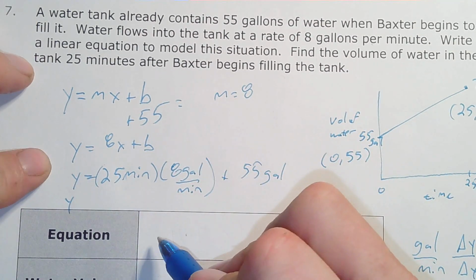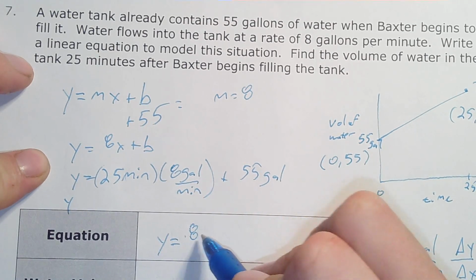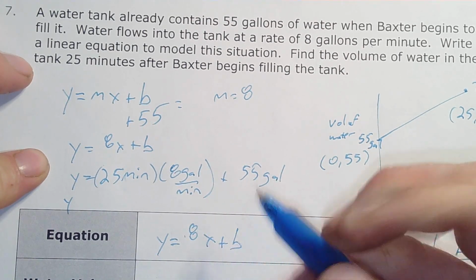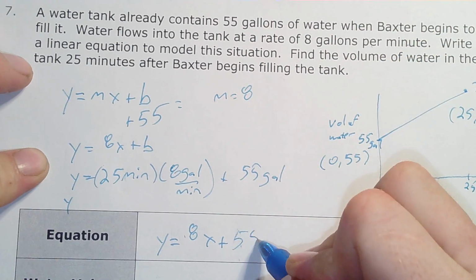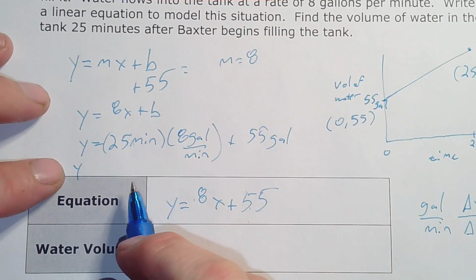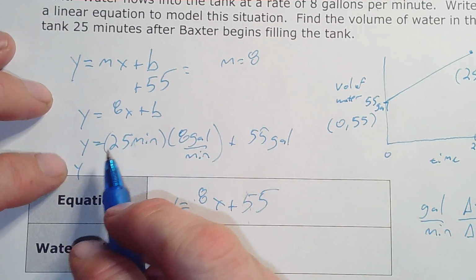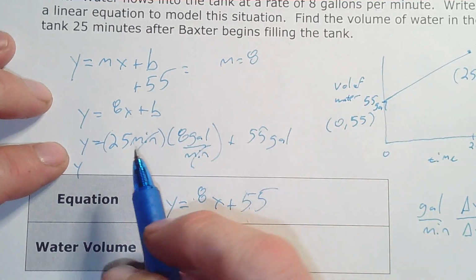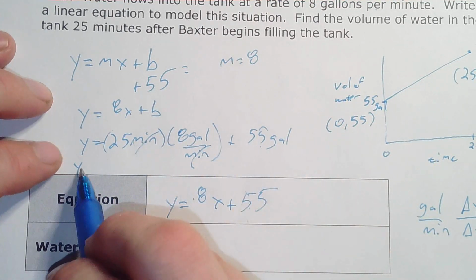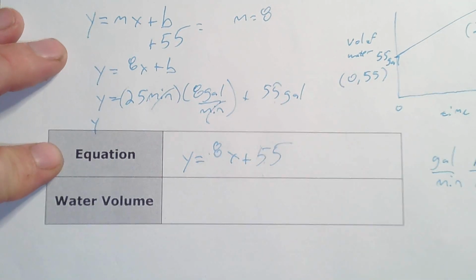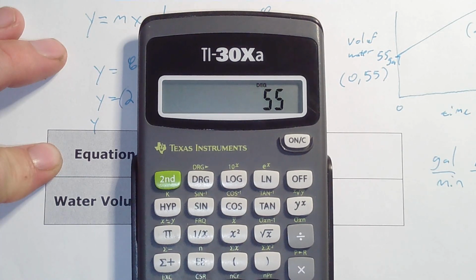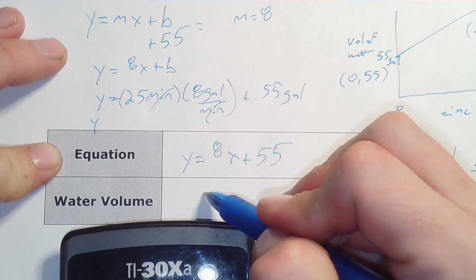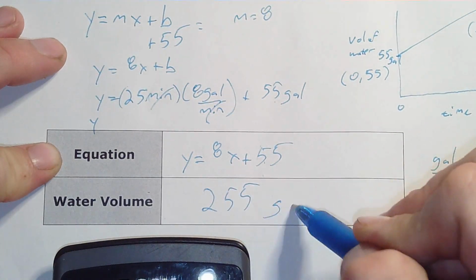So here's my y equals 8x plus 55. Working that out, the minutes cancel out; gallons plus gallons equals gallons. So I'm going to do 25 times 8 plus 55, and my answer is going to be 255 gallons.